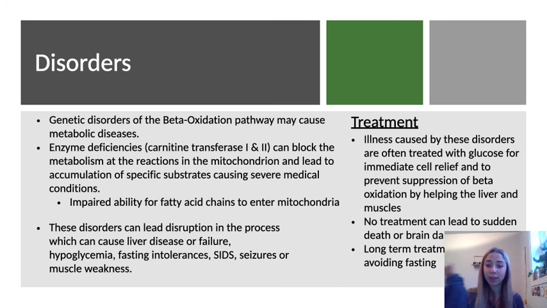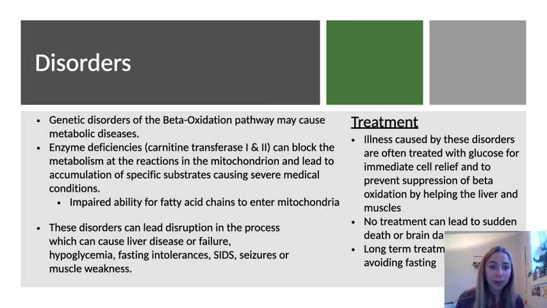Disorders associated with beta oxidation. Genetic disorders of the beta oxidation pathway may cause metabolic diseases, and this makes sense. If we have any genetic disorders that affect this process, it's going to be hard to get energy from fatty acids. We're not going to be able to do the full beta oxidation cycle properly. This will happen with enzyme deficiencies.